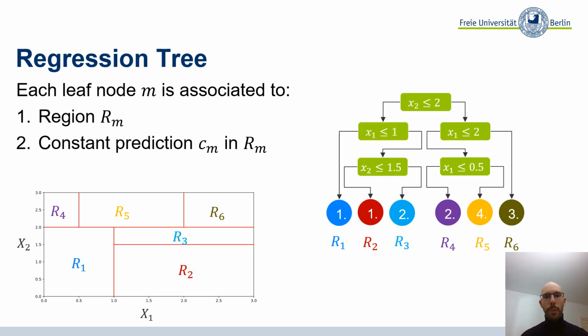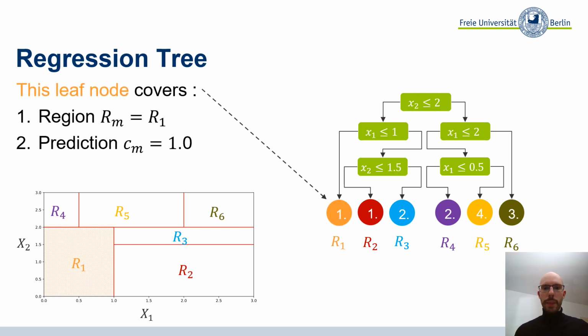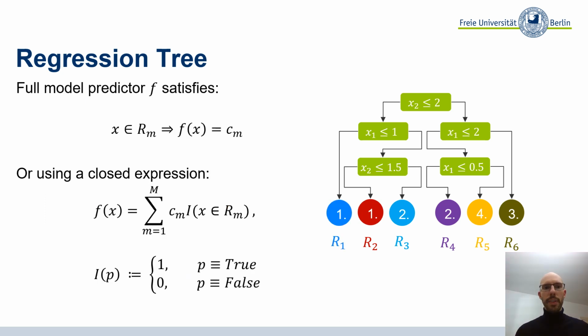And now, what about the leaf nodes? Well, the leaf nodes m are associated with a region Rm and with a constant prediction cm in R. So, for example, this orange highlighted node over here covers a region R1, and it generates a prediction of cm equals c1 with value 1. Now, what exactly does this mean for our full predictor? Let us assume that we feed data point x into our regression tree.